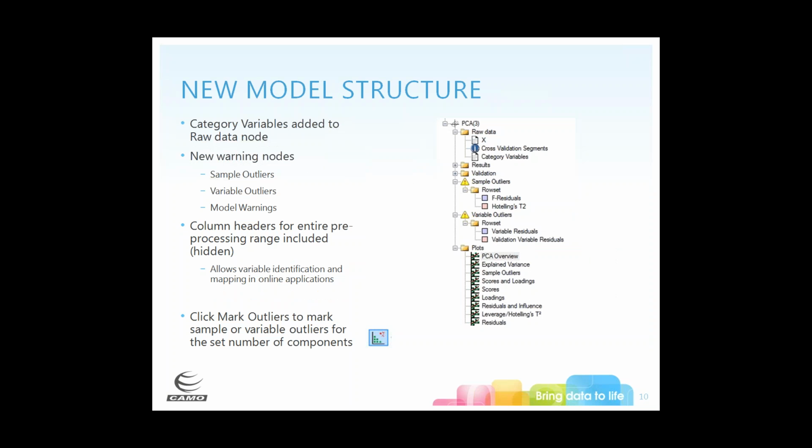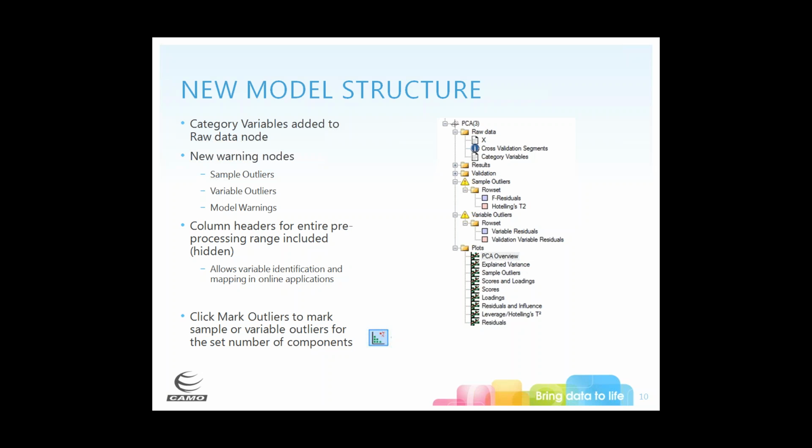The model structure is similar but slightly different. There is a new, if you expand the raw data node of a model, you will see that there is a category variables data table there, which is added if there are any category variables present in the original input data table.